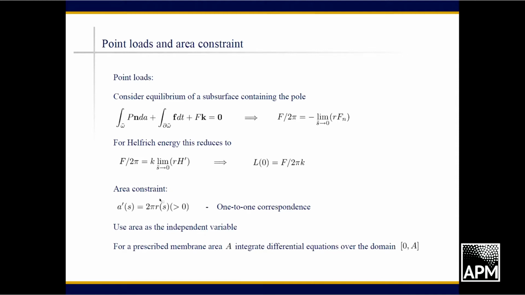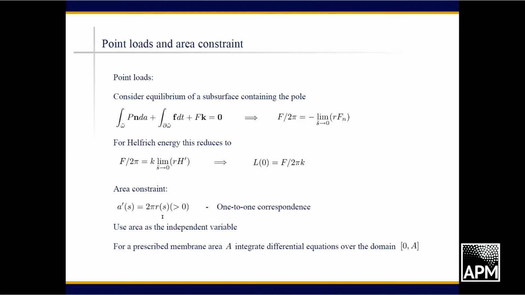Normally in an axisymmetric problem, we would use arc length as the independent variable. However, because we are prescribing area, we have a constraint on area, it's more convenient to use the area associated with a given value of arc length. So we can substitute in place of arc length this area associated with arc length S, and that's possible because there's a one-to-one correspondence between this area measure and arc length itself.